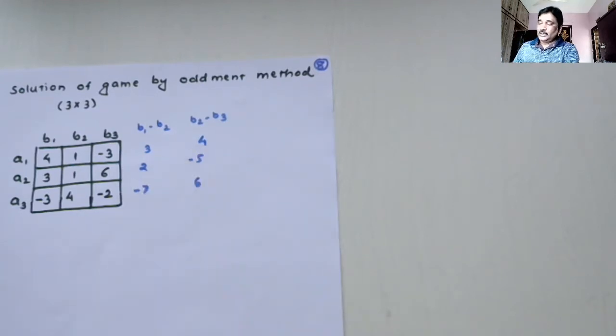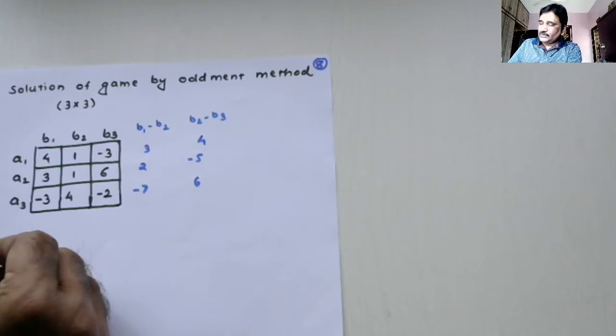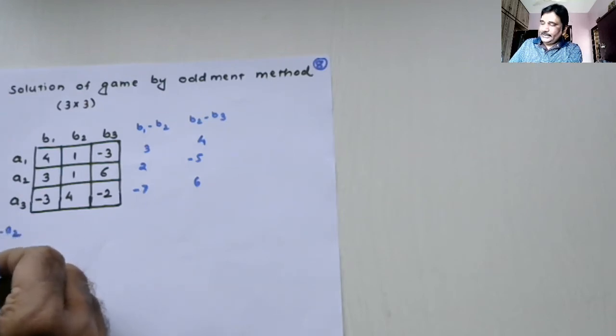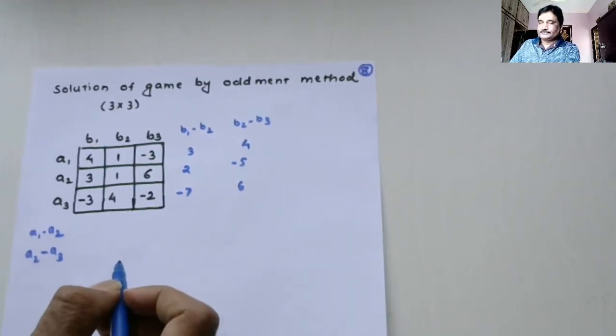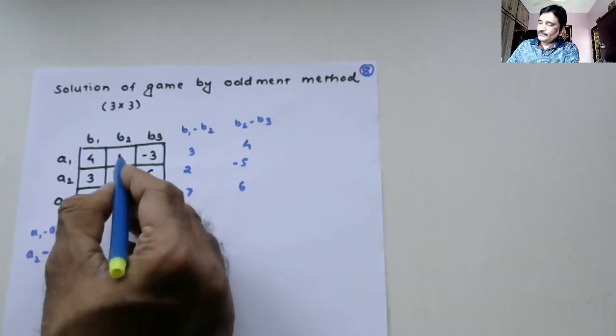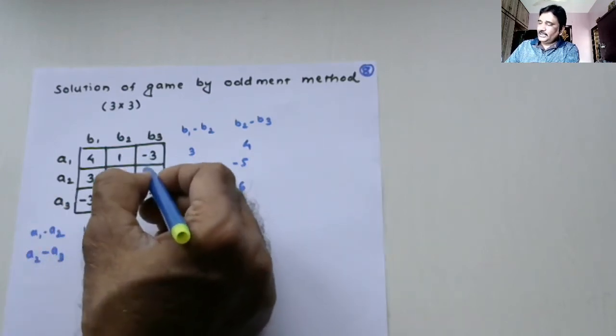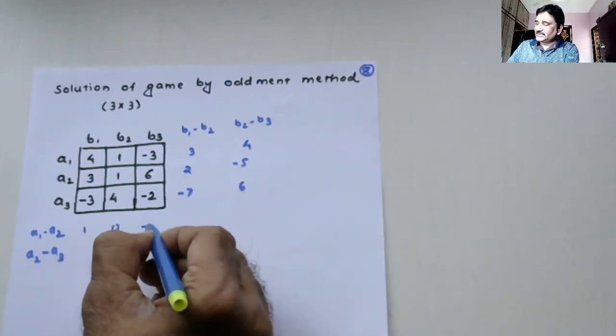Okay, same thing I'll be doing here, a1 minus a2 and a2 minus a3. All right, so 4 minus 3 is 1, 1 minus 1 is 0, and minus 3 minus 6 is minus 9.